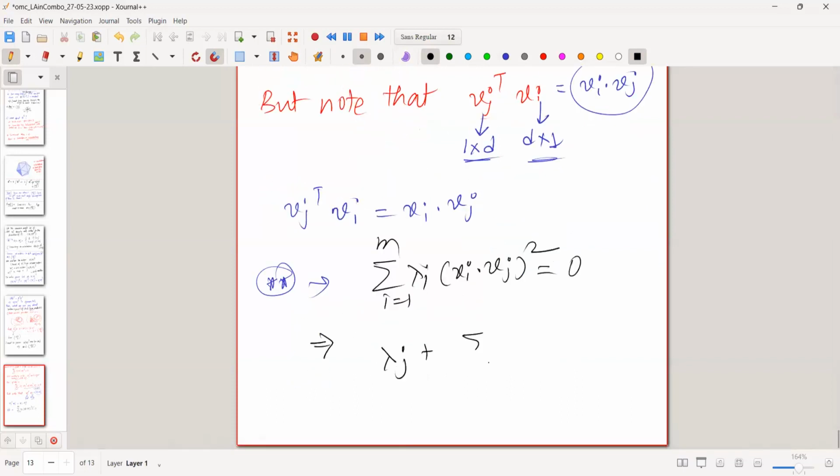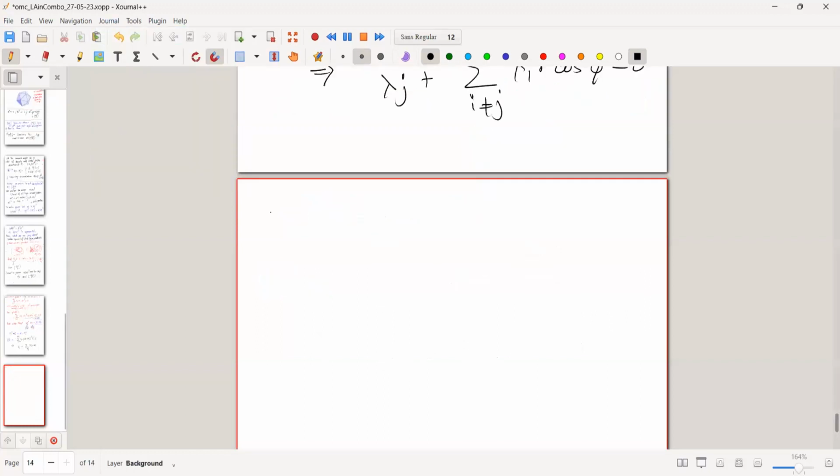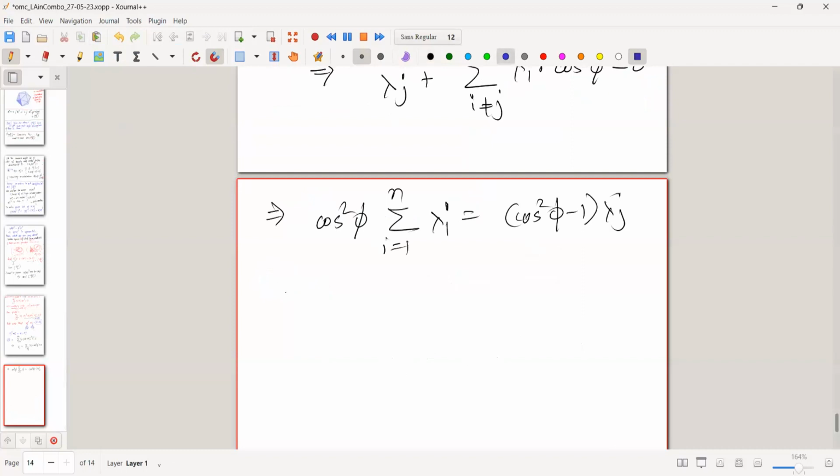So this again gives me lambda j plus the sum over I not equal to j of lambda I times cos squared phi, less than or equal to 0. You can write it like this: cos squared phi times the summation I equals 1 to n of lambda I equals cos squared phi minus lambda j, right?